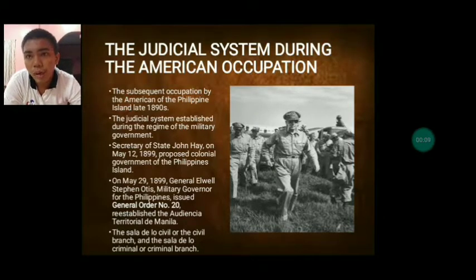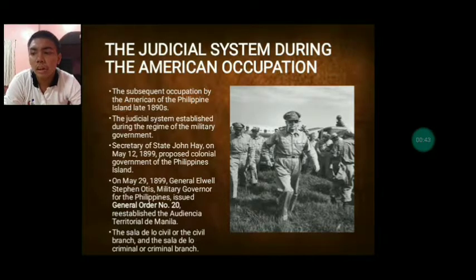The subsequent occupation of the Philippines by the Americans in the late 1890s, after the defeat of Spain in the Spanish-American War, brought considerable changes and control over the disposition of government of the islands. The judicial system was established during the regime of the military government.